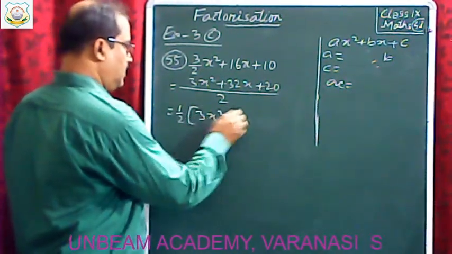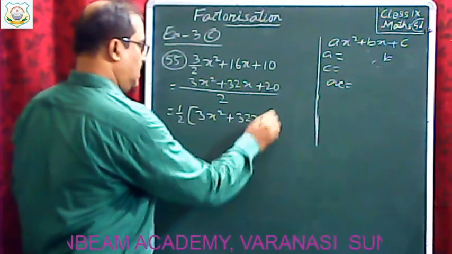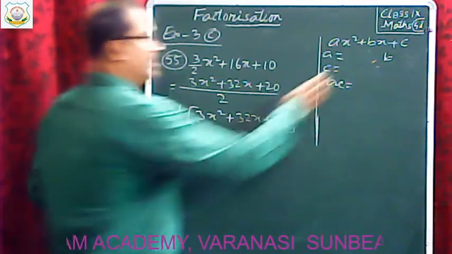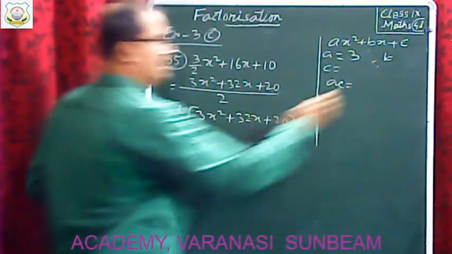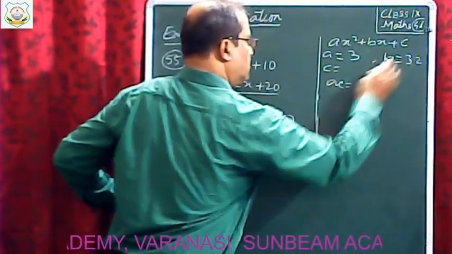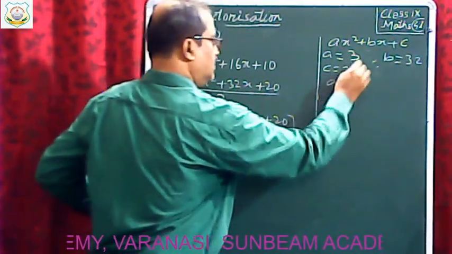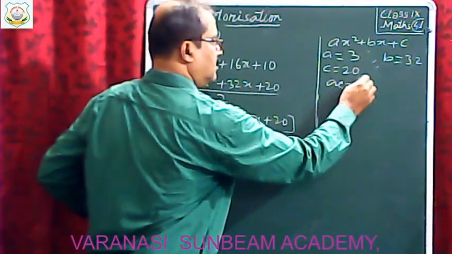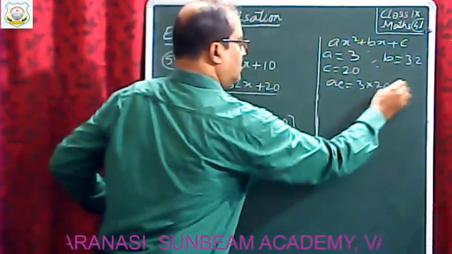3x square plus 32x plus 20. A is 3, B is 32, C is 20. Product of AC, 20 into 3, we get 60.